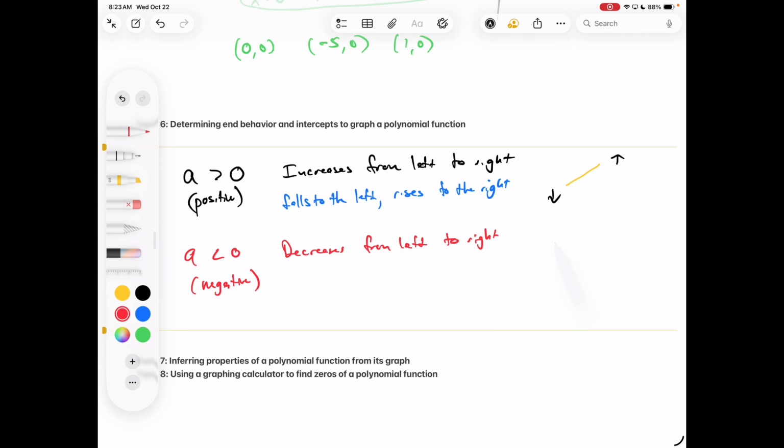So this would start high and finish low, and that would create some kind of decrease from left to right. The way they say it is it rises to the left and falls to the right. So it's rising as it goes to the left and it's falling as it goes to the right. So it's the opposite.